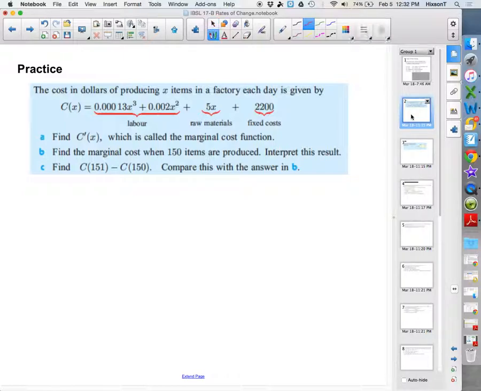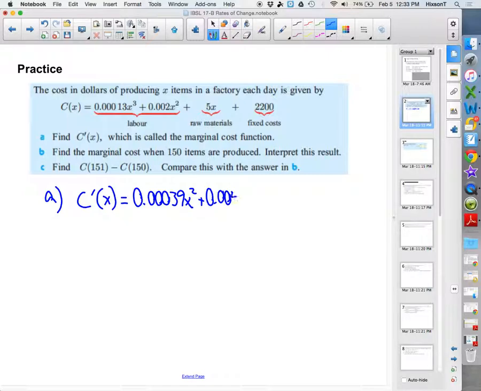All right? So, let's think about these one at a time here. Find C prime of x, and this is our marginal cost function. So this is going to be a function of the number of items we're producing. We use our derivative rules: 0.0039 x squared plus 0.004 x plus 5.